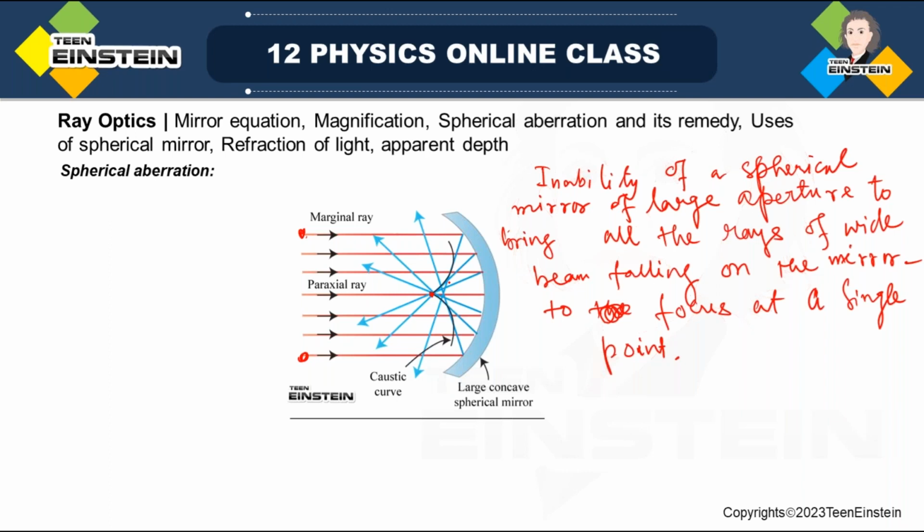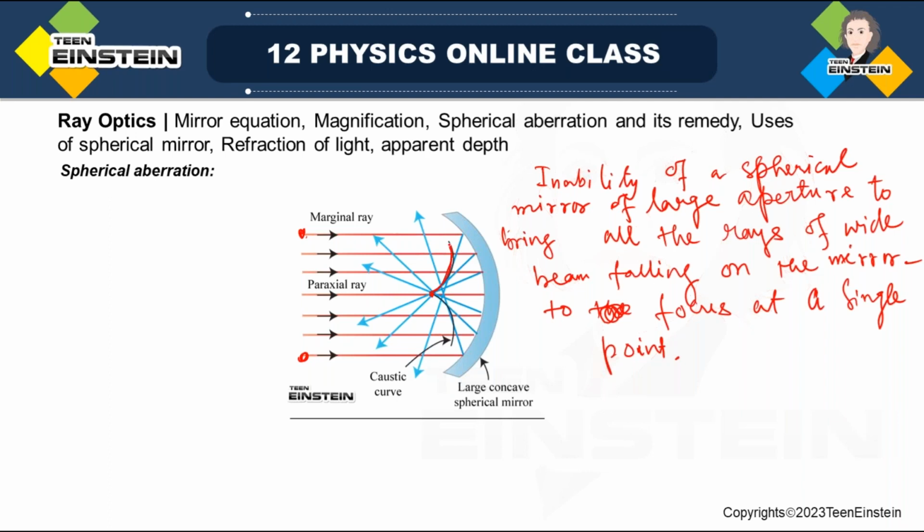The marginal rays will meet somewhere nearer the pole than the principal focus, and since the different reflected rays are meeting at different points, the rays will meet on curved surfaces.